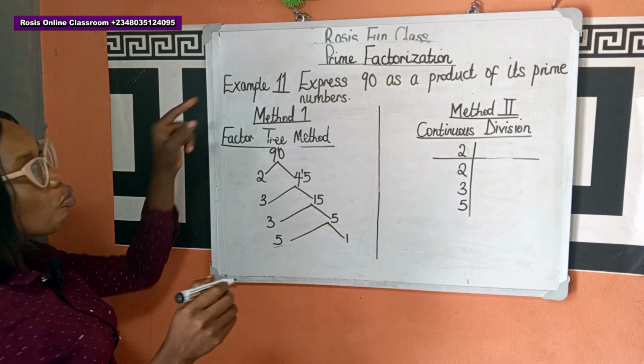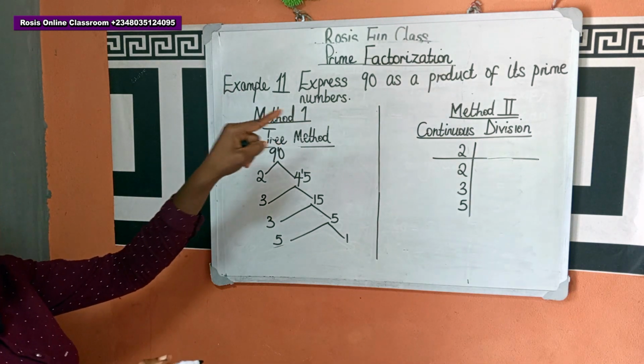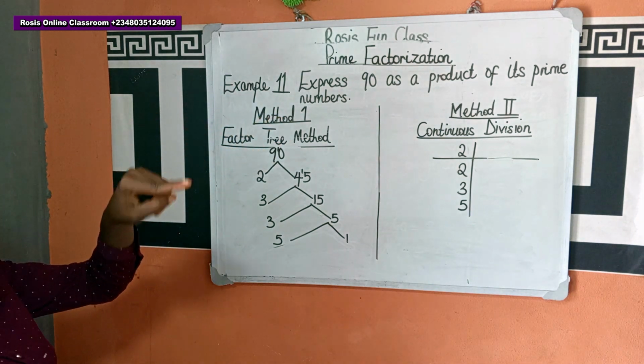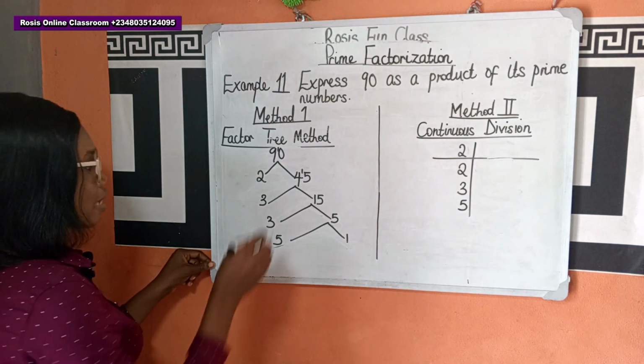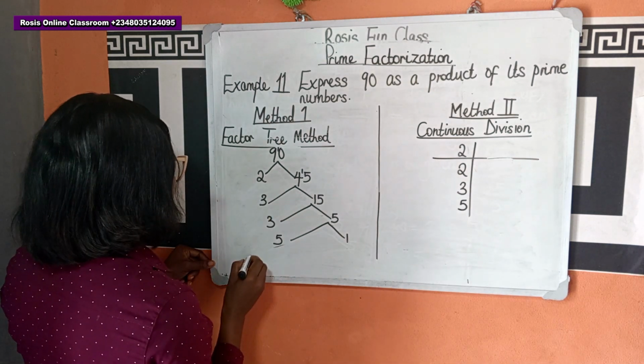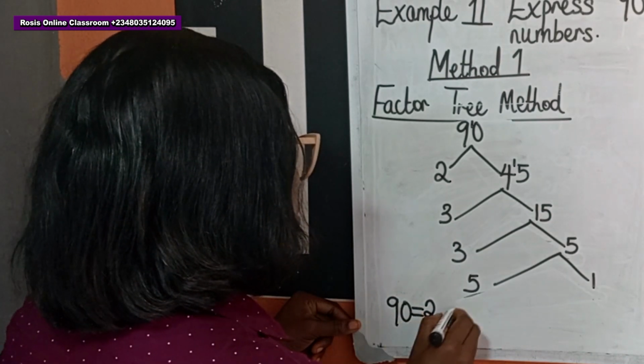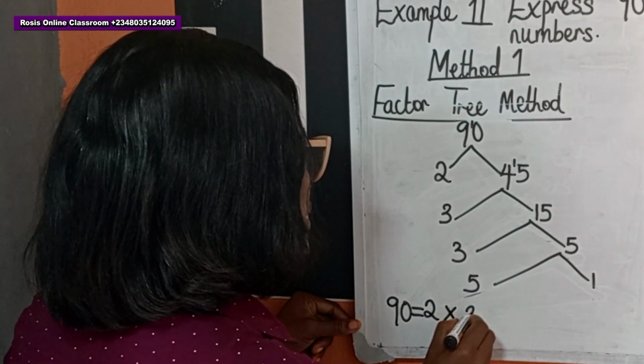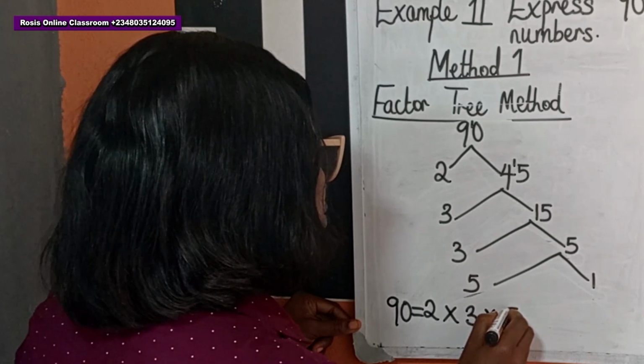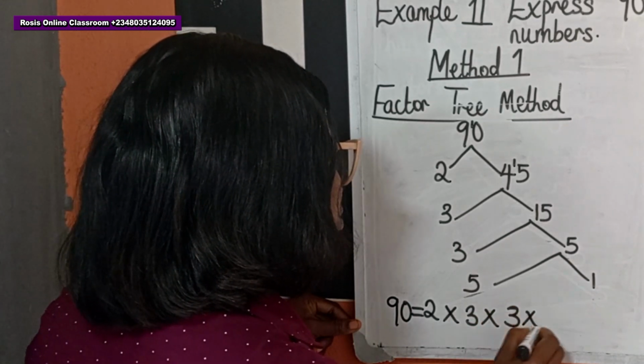So, we want to express 90 as a product of its prime numbers. So, 90, we have 2 times 3 times 3 times 5.